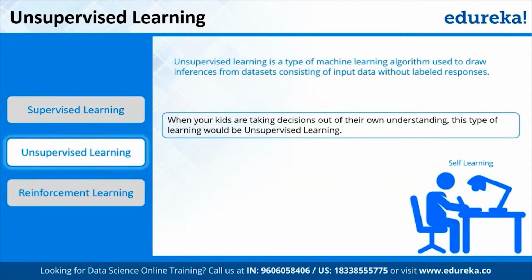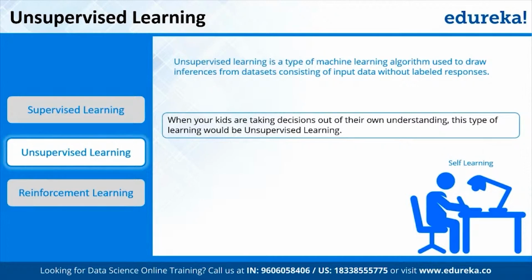Unsupervised learning is where you will not be given the historical data. An example for it is, let's say n number of users are accessing my website. On my website, there are 5 articles, article A, B, C, D. User 1 is reading article 1 and 2, user 2 is reading 3 and 4, and so on.